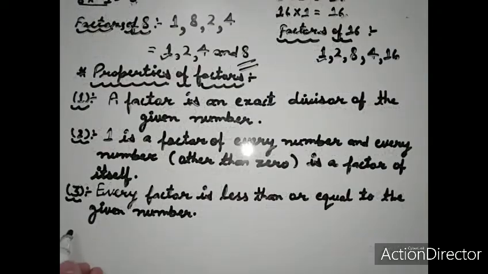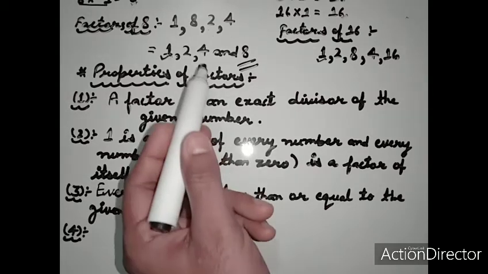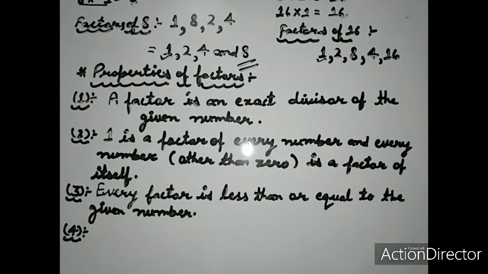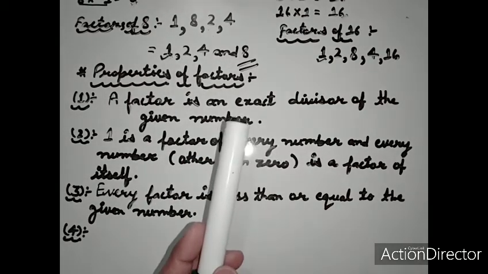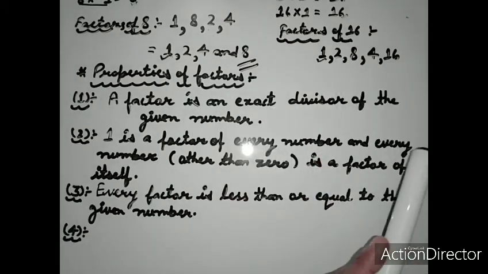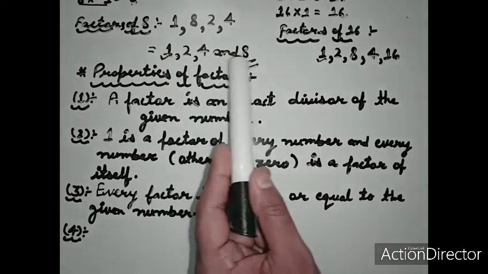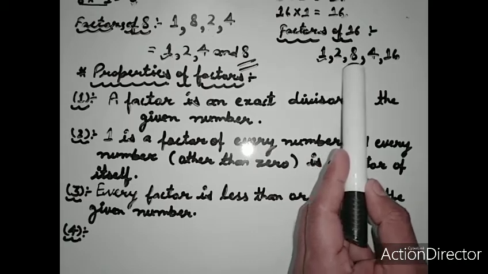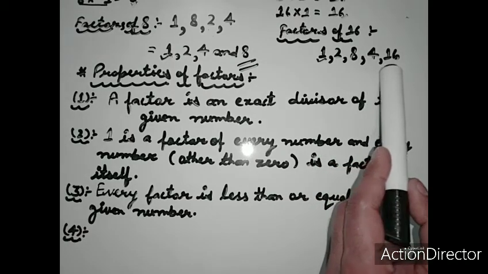Now students, the next property of factor is, so here we notice one more thing. When we find the factors of 8, there are some limited factors of 8 here. We get limited factors of 8 and 16, like 1, 2, 4 and 8, and 1, 2, 4, 8 and 16.